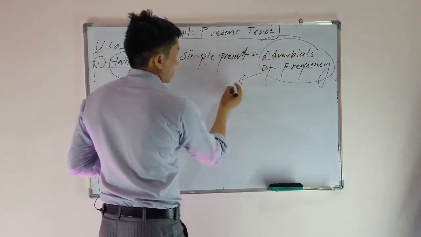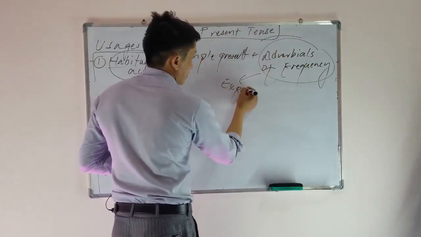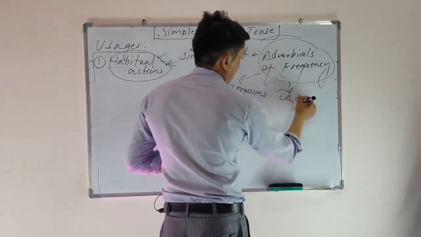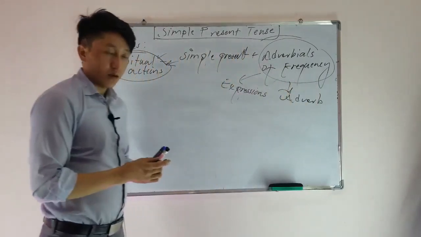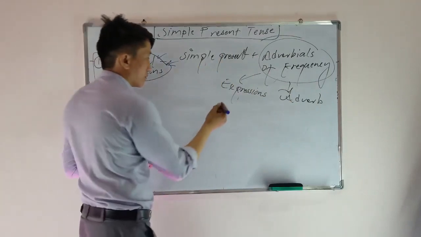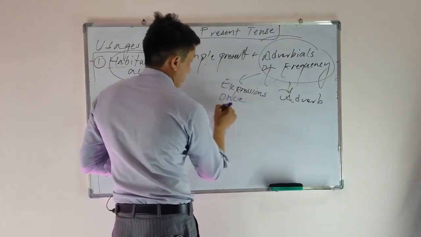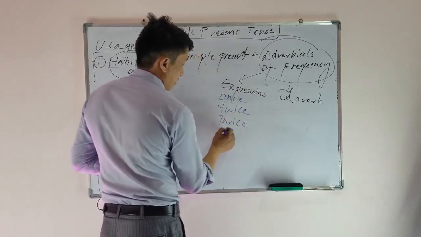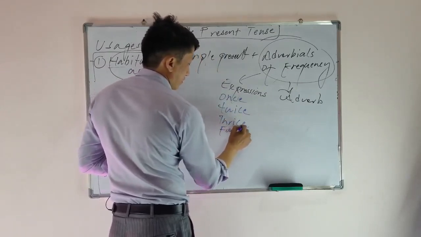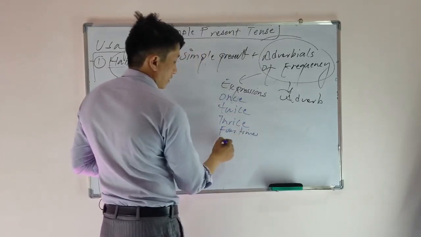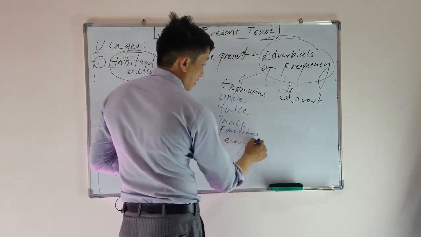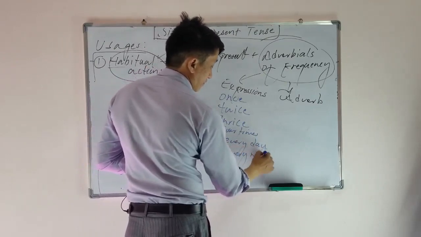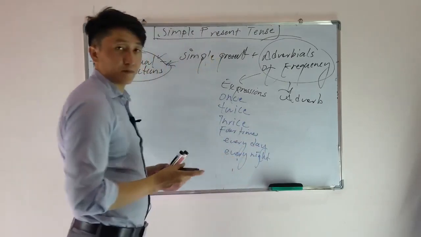For the adverbials of frequency, there are some expressions that we use, and there are some words, or we can also call them adverbs. So what are the expressions that we use? The expressions are once, twice, thrice, 4 times, every day, every night, every week, and so on.